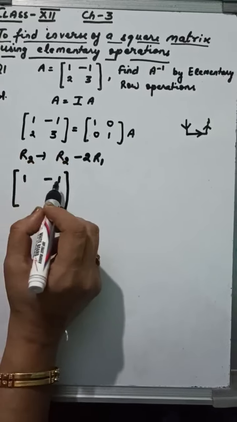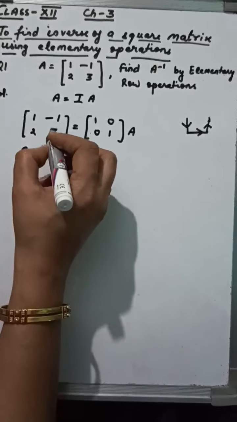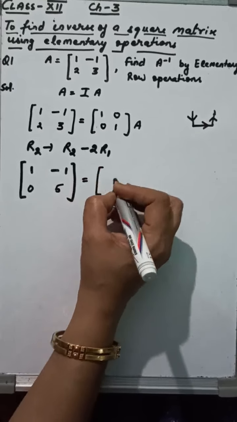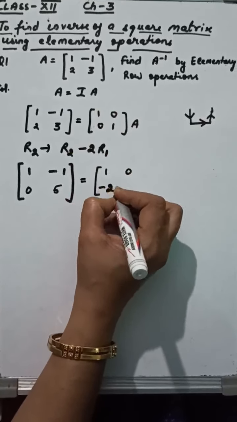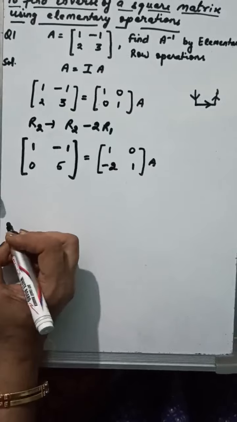So first row as it is, 2 minus 2 is 0, 3 plus 2 is 5, and the same operation will be applied on the other side, 0 minus 2 and 1 minus 0. This A remains as it is.